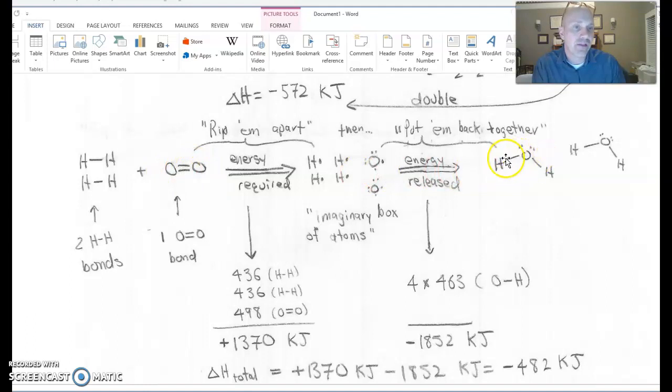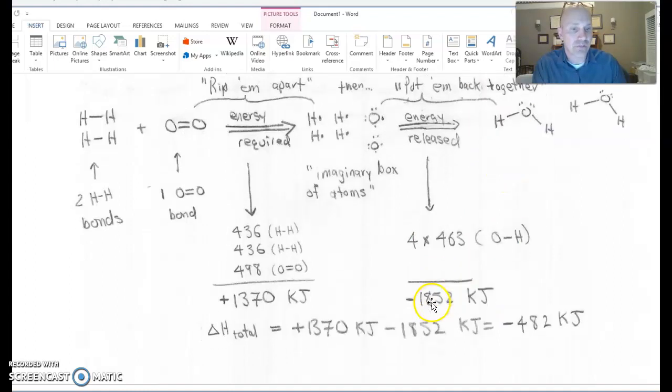But an oxygen-hydrogen bond, for example, you can have that in water, but you could also have that in an alcohol. You also have it in a carboxylic acid. And those oxygen-hydrogen bonds are different from each other. So this value right here is an average for all types of oxygen-hydrogen bonds that you would find in molecules.